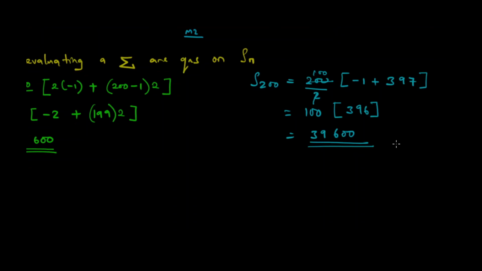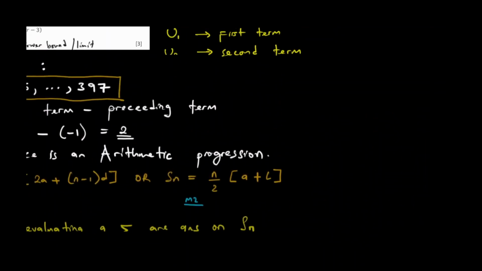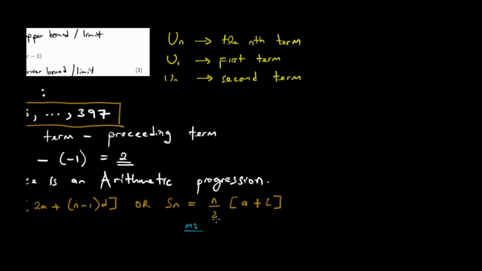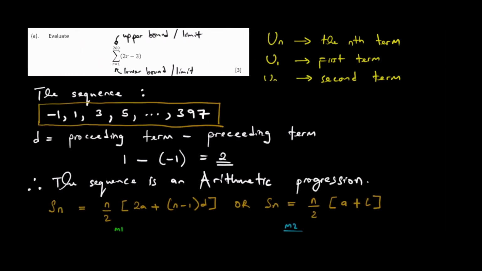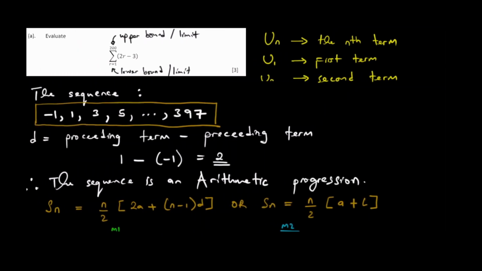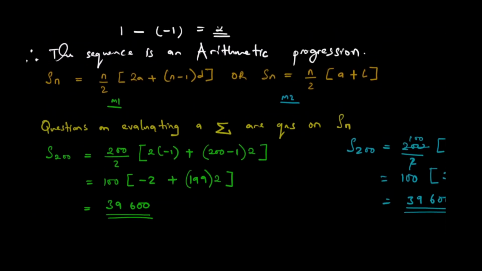Then we evaluate to get the last term. So that is very important. It was 2r minus 3. Very, very important. But it is your choice: you either go by the first method, which is using the long form sum of n terms, or the second method, which is using the short form, but you should be able to evaluate what the last term actually is.